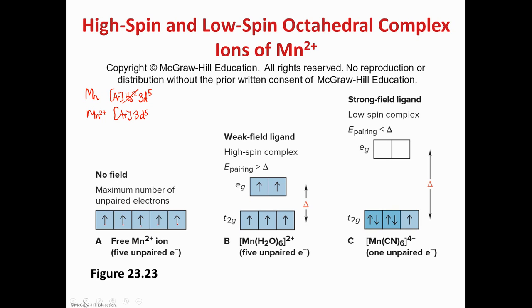Okay, something like water is a weaker field ligand than cyano. So you see how here, relative to cyano, it's weaker field. Smaller energy change than the cyano, that's strong field, and a higher energy change.